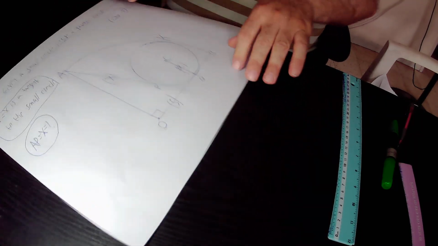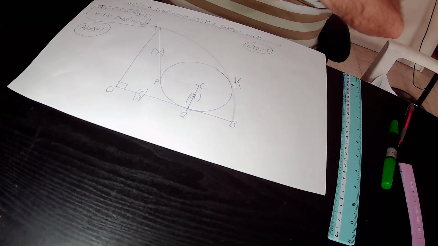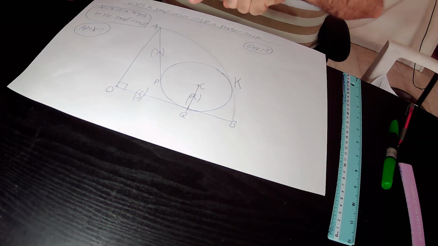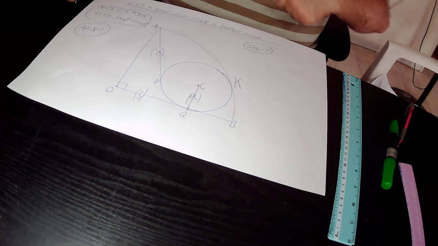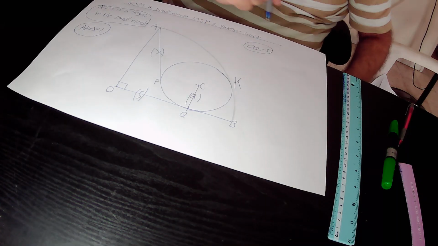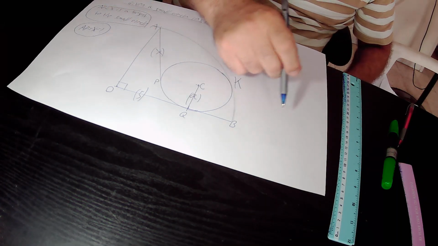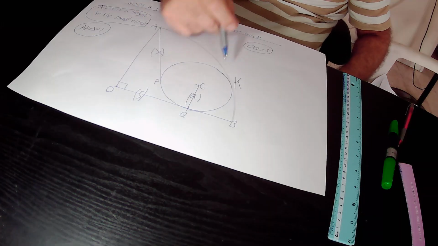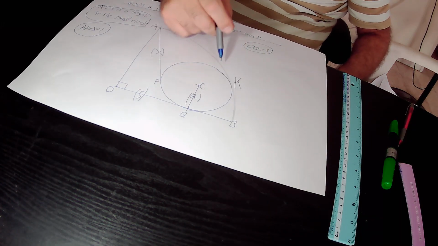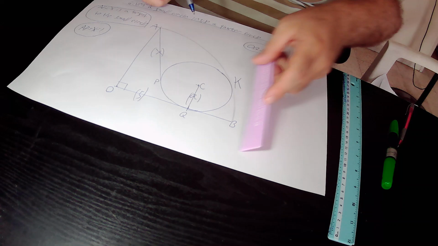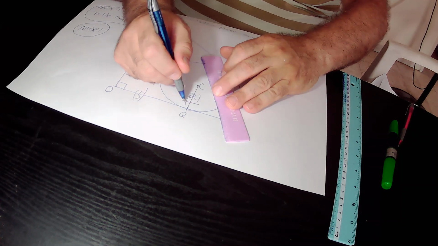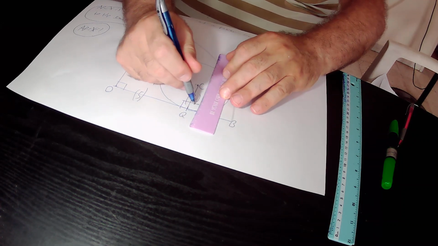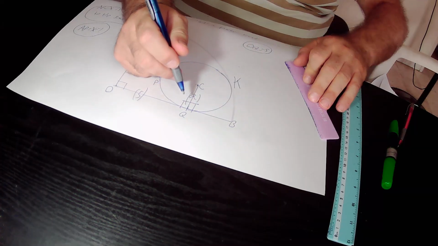And because the radius CQ is drawn to point Q, that is the point of tangency of tangent OB with this small circle, and whenever you have a radius that is drawn to the point of tangency, then tangent OB will be perpendicular to the radius QC. If OB is perpendicular to QC, it means that this angle equals 90 degrees, and this angle also equals 90 degrees according to rule 1.